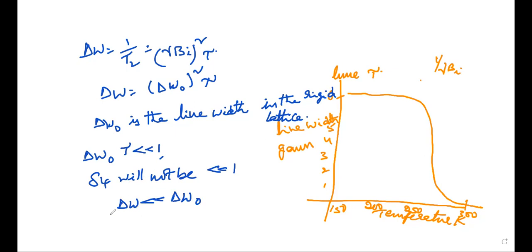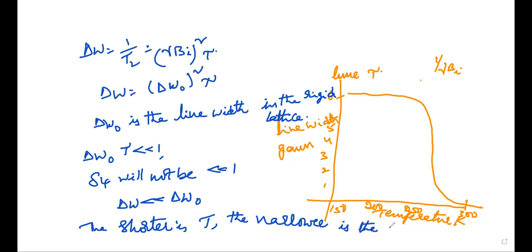Here the shorter is the tau, the narrower is the resonance line.